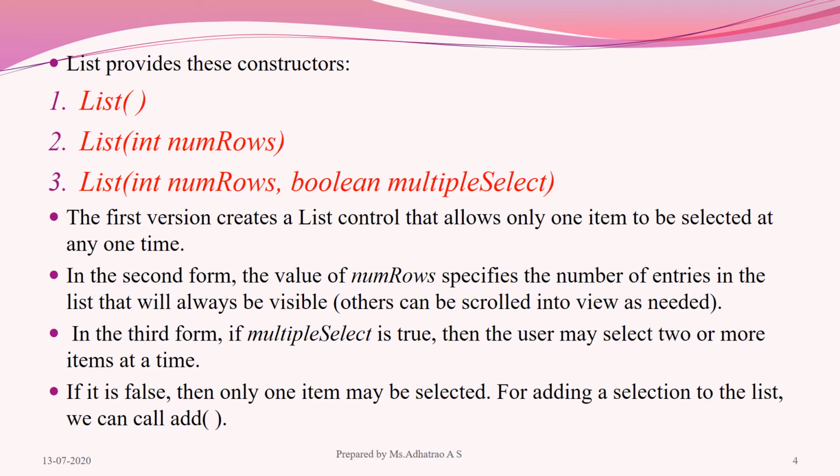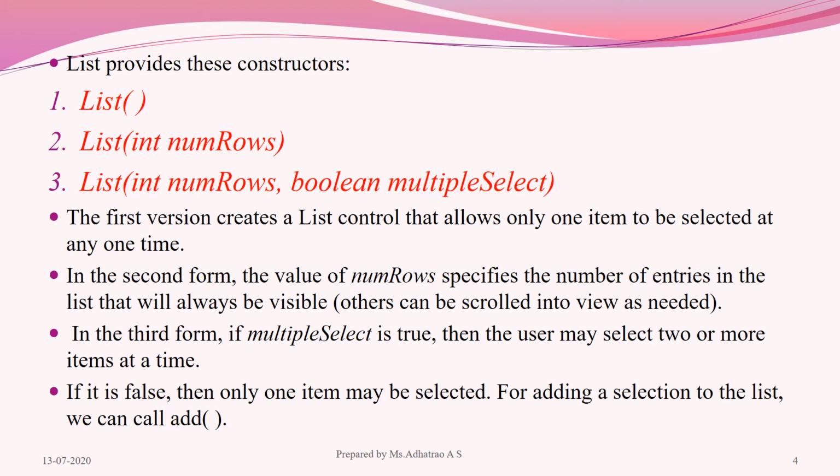Others can be scrolled into view as needed. And the third constructor has two parameters, integer numRows and boolean multipleSelect. In this form, if multipleSelect is true, then the user may select two or more items at a time, and if it is false, then only one item may be selected.